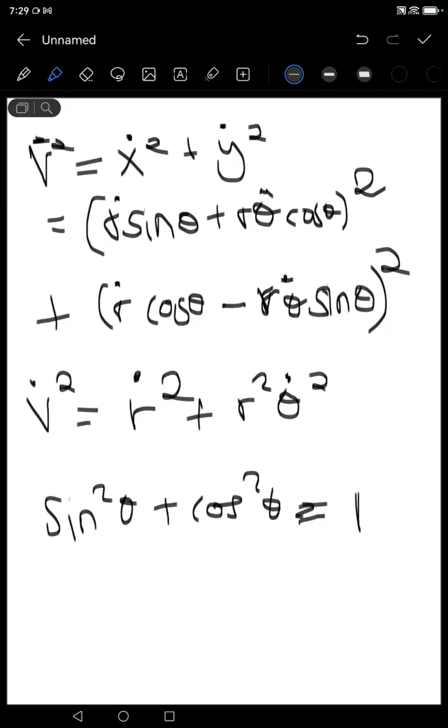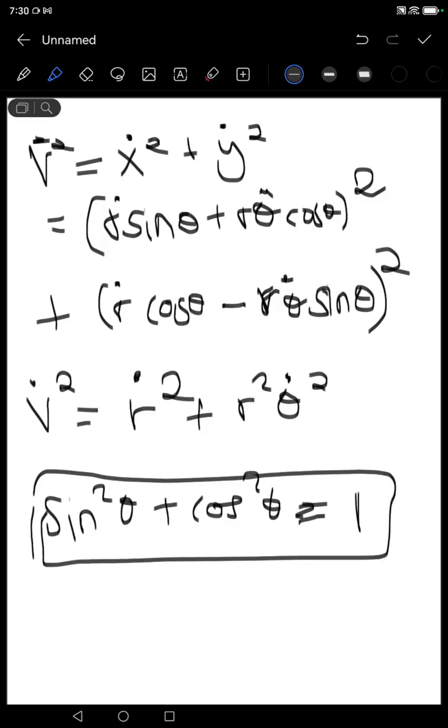That's why we have r dot squared plus r squared theta dot squared. The cross terms, negative 2r r dot sine theta cos theta plus 2r r dot sine theta, cancel each other.